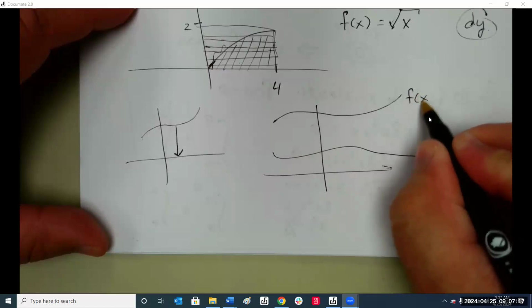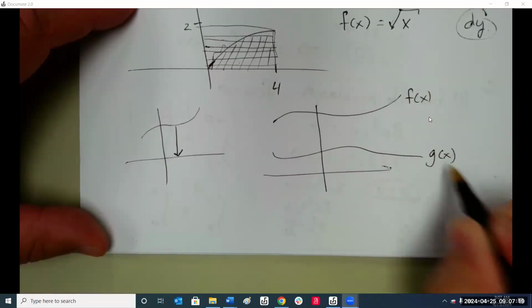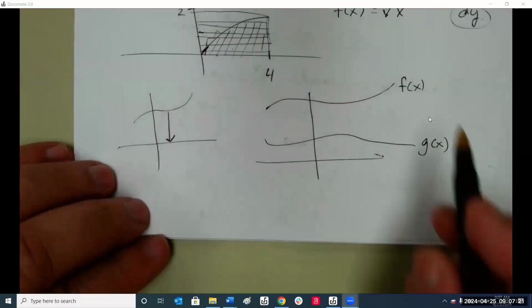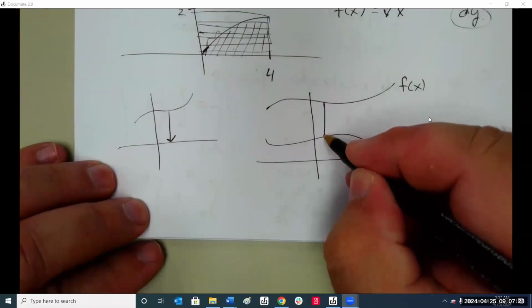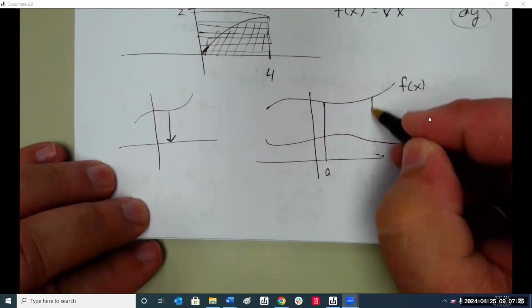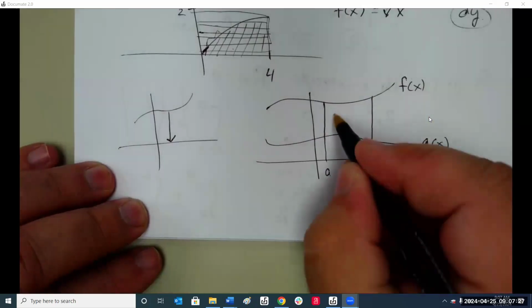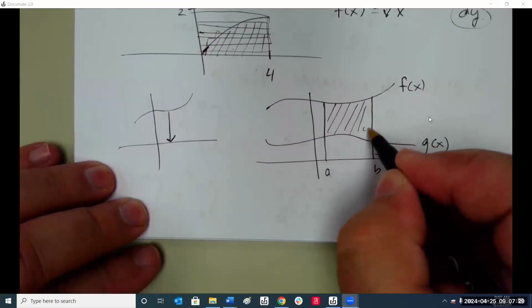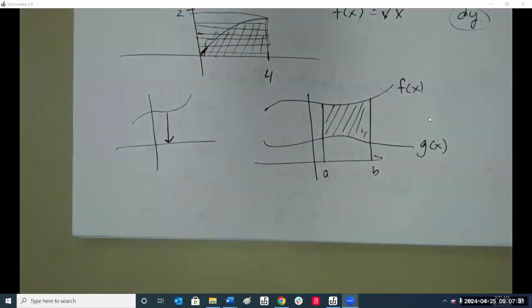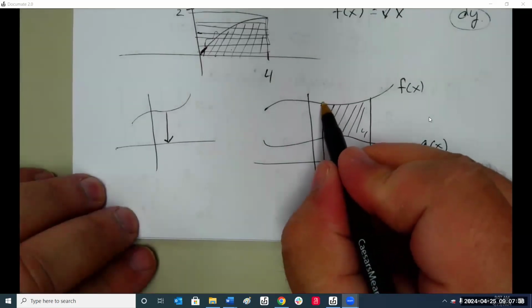What if we had two functions from A to B? I want to know this area. Remember, it's a curve.